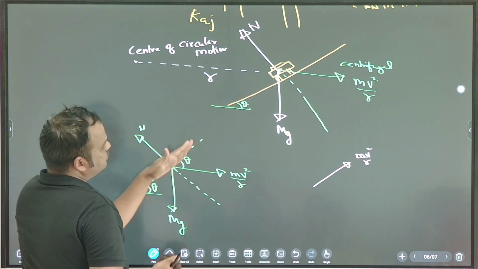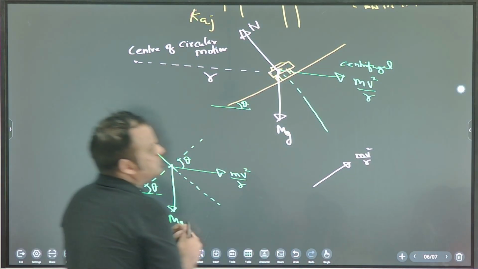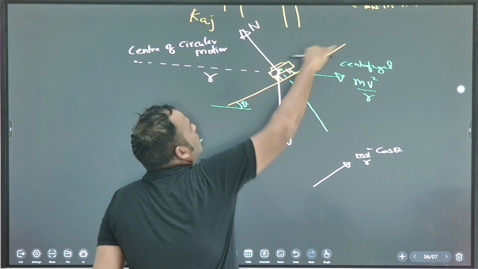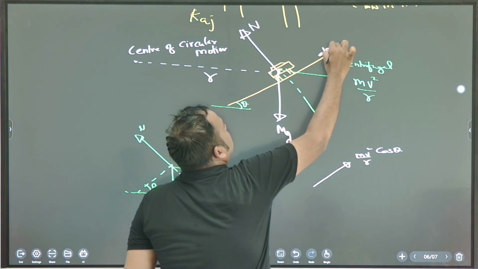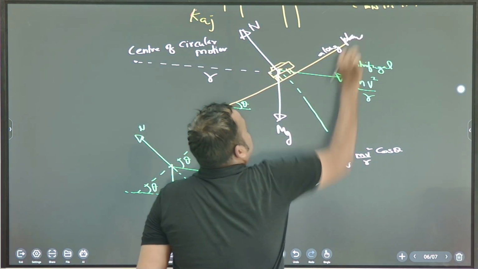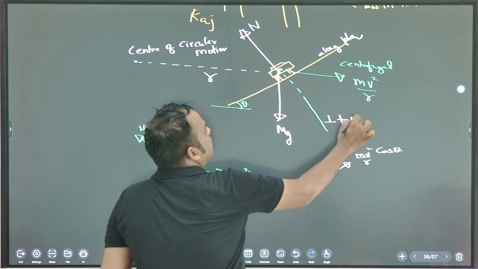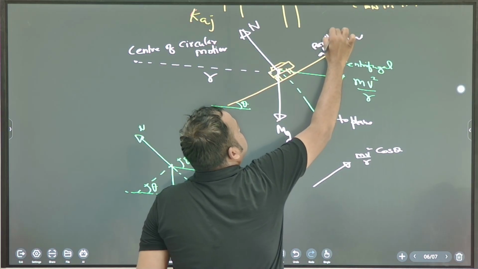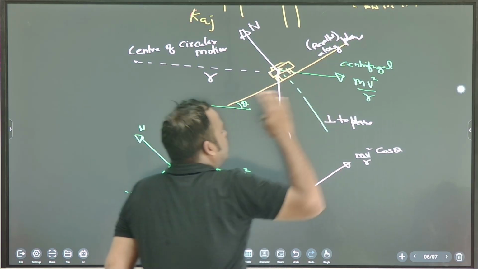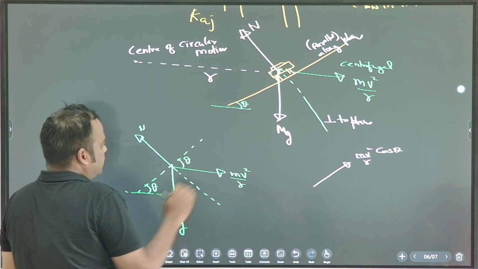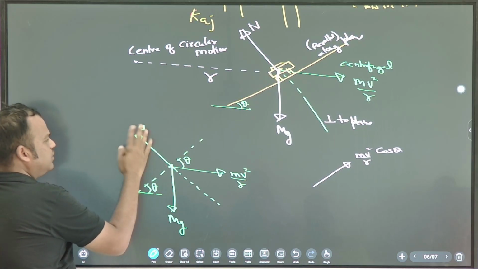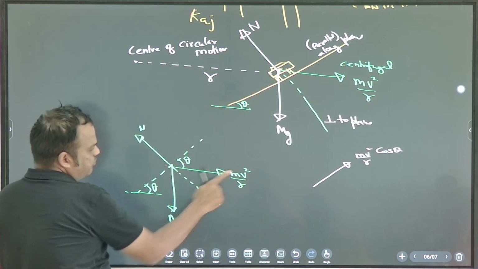Sine or cos? Cos. Okay, so this is along the plane. Take the component along the plane and the component perpendicular to the plane. Okay, parallel to the plane, perpendicular to the plane. So break these two. Normal is already perpendicular. Don't break it. These two you have to break.